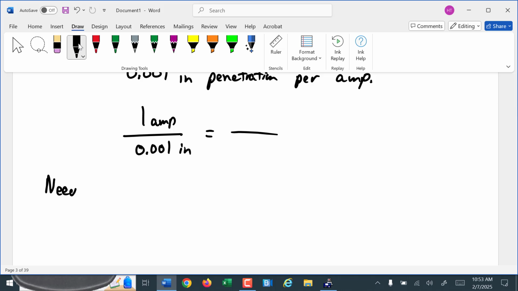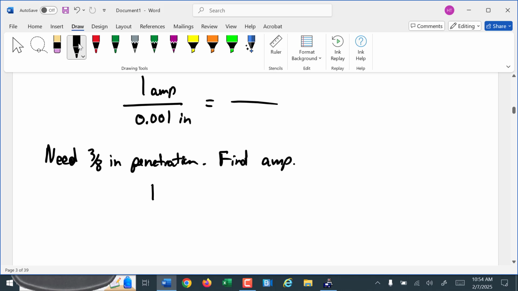So let's say we need 3/8 inch penetration. Find the amps. So 1 amp, again, 1/1000th of an inch.